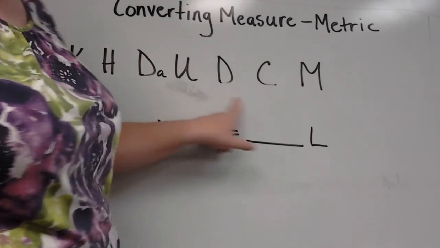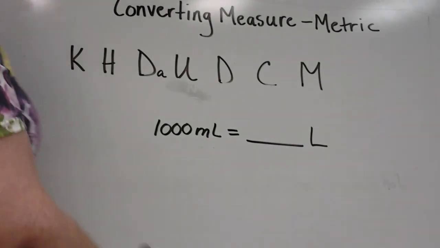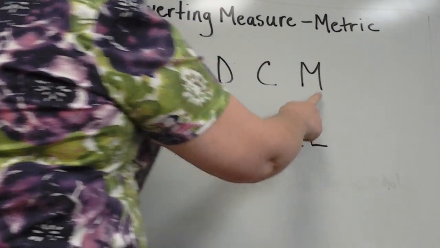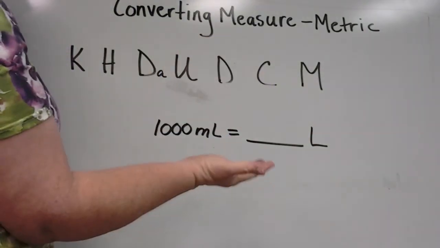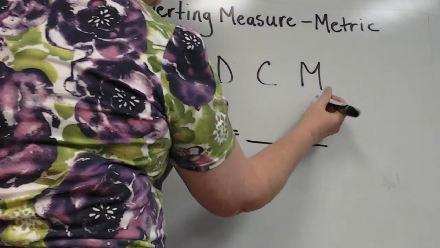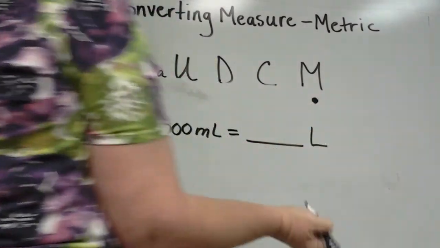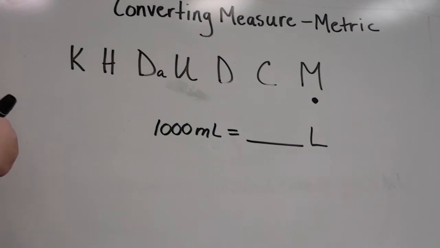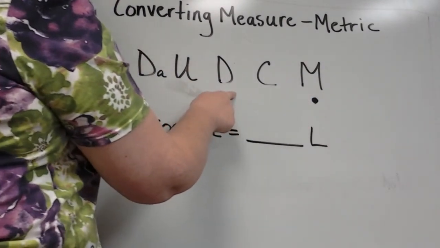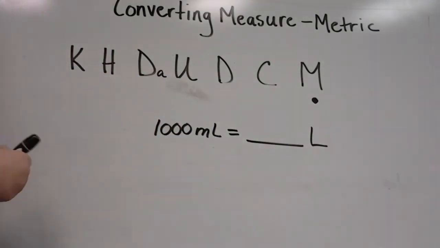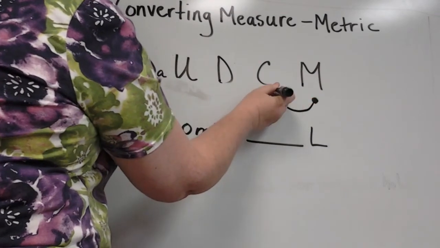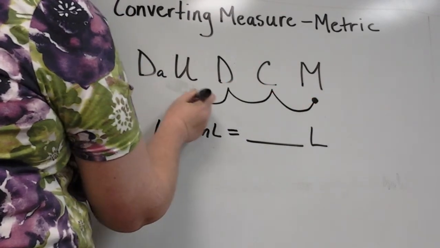So where is milliliters on this? Well, this stands for milli, right? And we know units is going to be liters because we're doing milliliters. So I'm going to start right here on milli. I'm going to put a dot. Okay? And then I'm going to move backwards to the left to see how many spaces I need to go to get to the U. So 1, 2, 3.